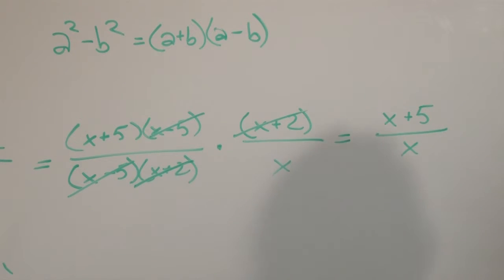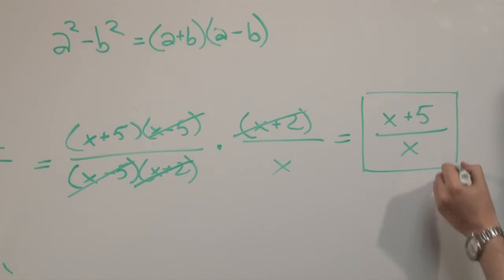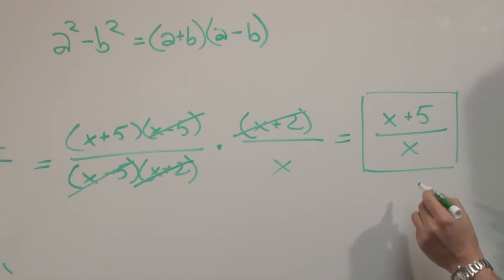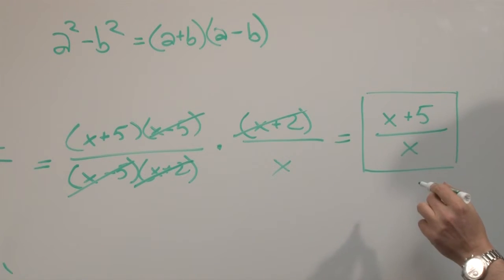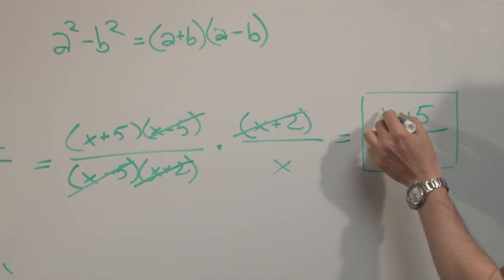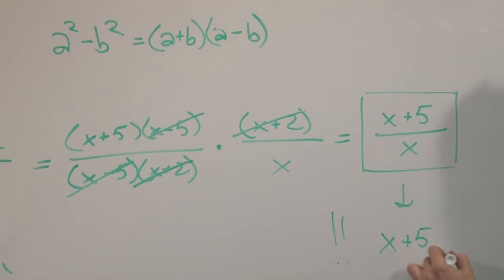Now I do want to make a very important point here. So this is the correct answer. Let me go ahead and box it in. But you might be tempted to say, well, the top term has an x in it and the bottom term has an x in it, which means x and x cancel. Right? So this is danger. So again, knowing when to stop.